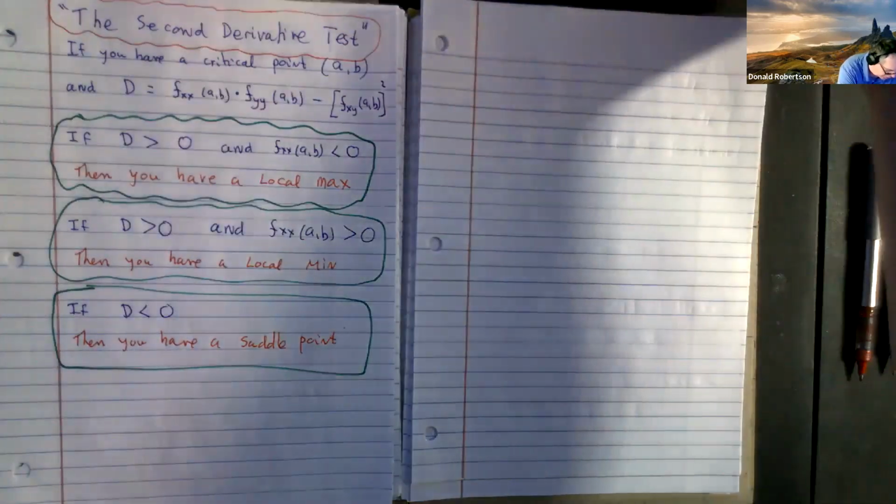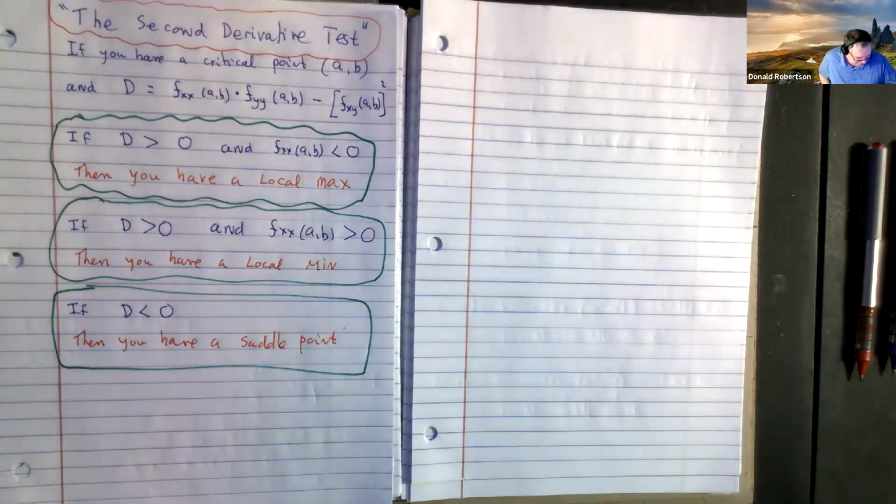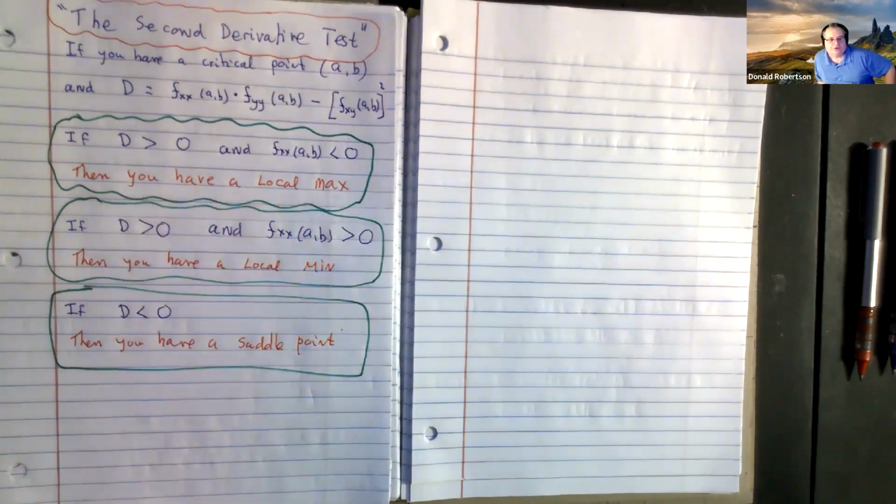Any questions so far about how we find local max and mins using the second derivative test and critical points? Anything that doesn't make sense or you'd like me to talk about? Okay. Would you like me to do one more polynomial?